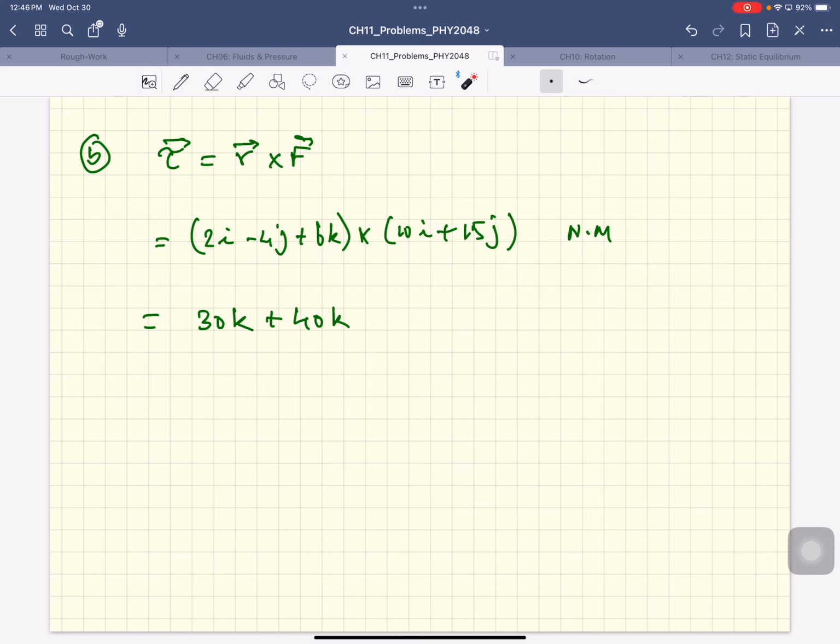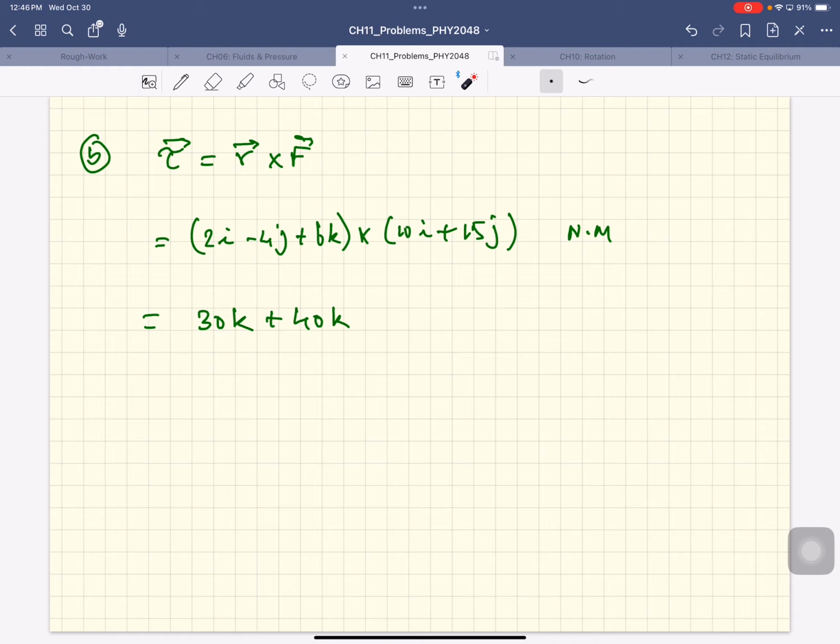Here's a thing to notice. This vector is in the xy plane. The cross product of any two vectors is perpendicular to that plane. So if this is in the xy plane, you know that the cross product has to be in the z direction.